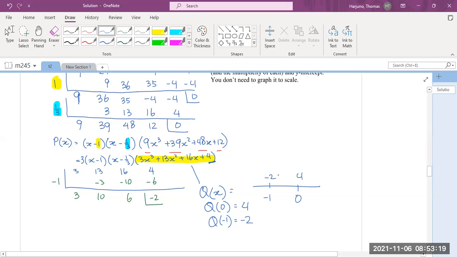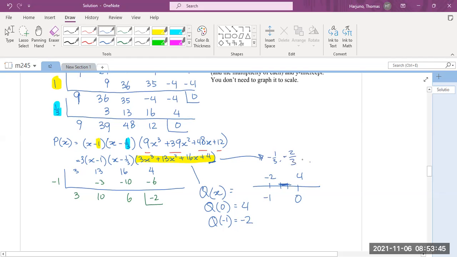According to the intermediate value theorem, there must be a 0 in between. So think about what are the rational numbers between 0 and negative 1 in our rational zero theorem.